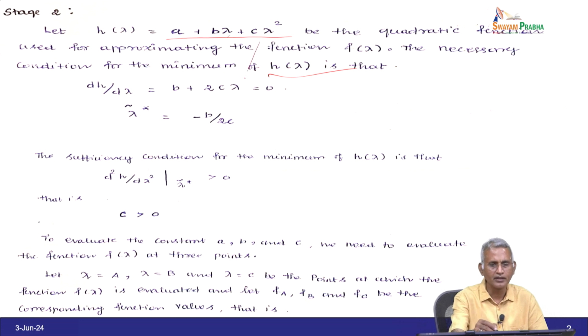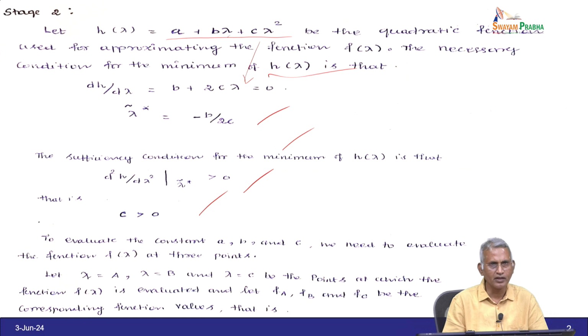Differentiating the given function, dh by d lambda equals b plus 2c lambda equals 0, and therefore lambda star equals minus b by 2c. The sufficient condition for the minimum of h of lambda is that d square h by d lambda square at lambda star is positive, that is, c is positive.